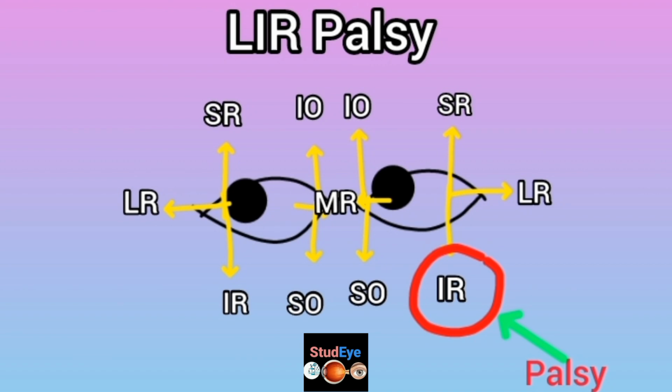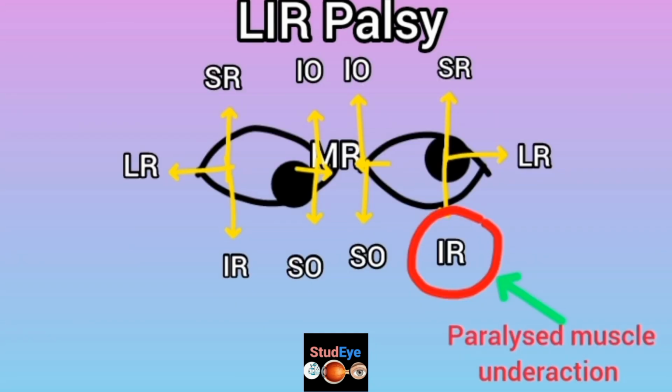You can memorize it very easily, like how I have drawn the H. Here you can see that when the inferior rectus gets paralyzed, its palsy will cause the underaction of this inferior rectus. That means that the inferior rectus is not working, so it is underacting.